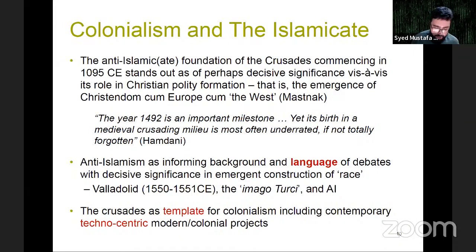In short, the Crusades provided a template for later imperial colonial ventures, including those taking place within the contemporary technocentric modern colonial world order. Crucially, in this connection, historian David F. Noble argues that technology has been deployed within Western Christian history as a means by which to combat the apocalyptic figure of the Antichrist, the latter being identified on various occasions as a Muslim.